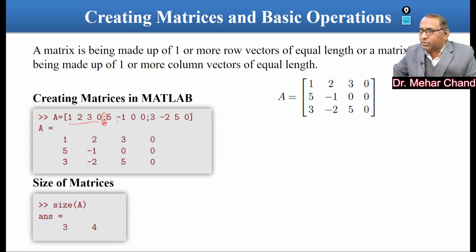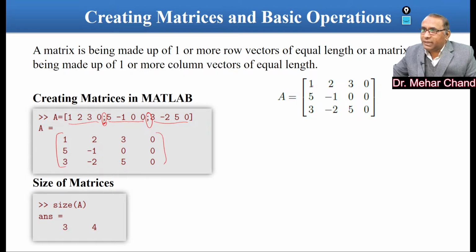And for the row elements, either you will use space or you can use comma. So this is the second row, and the second row also has 4 elements. Then we have the semicolon. This will break the row, and this is the new third row. When you enter, you will get this matrix.